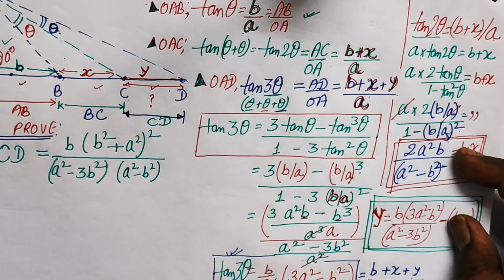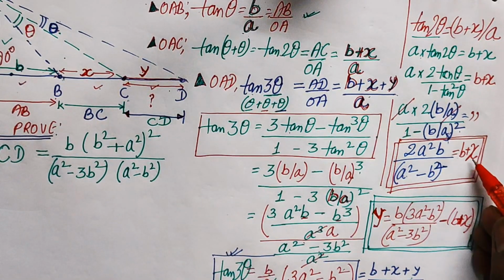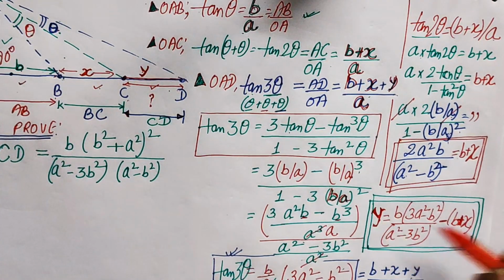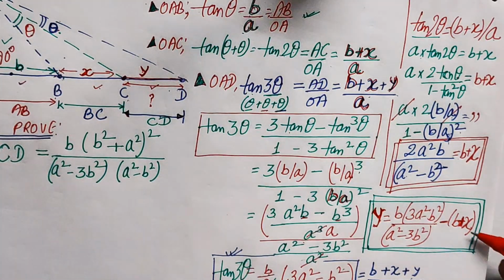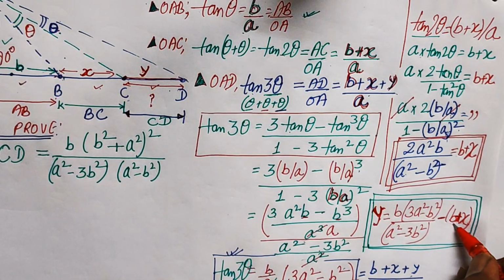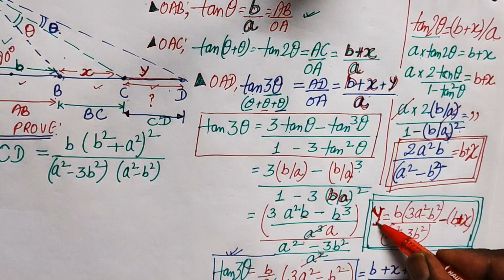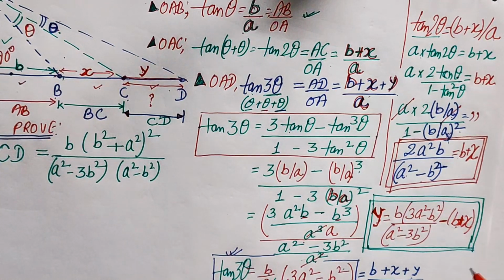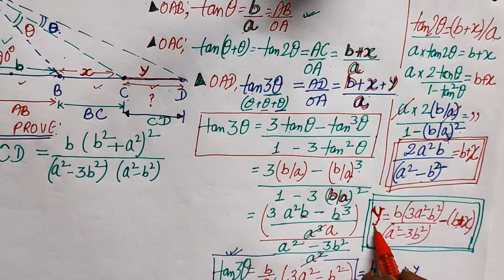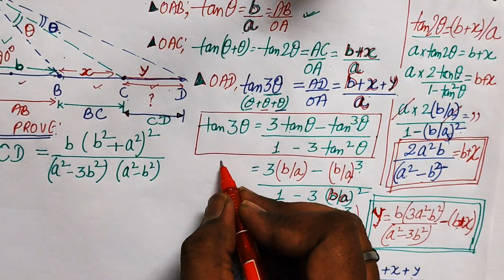Now we will be using these two values, the value of b plus x and y. How? Because here you can see b plus x is there. So in place of this b plus x, we will put up this value. Then we get the value of y, let me write it over here.